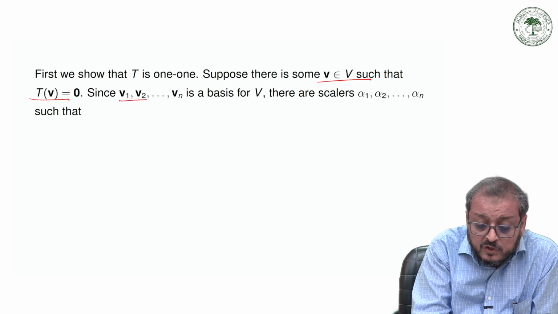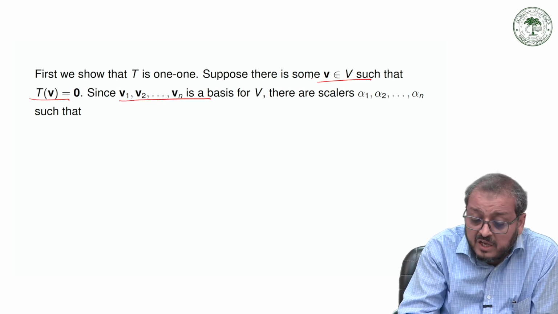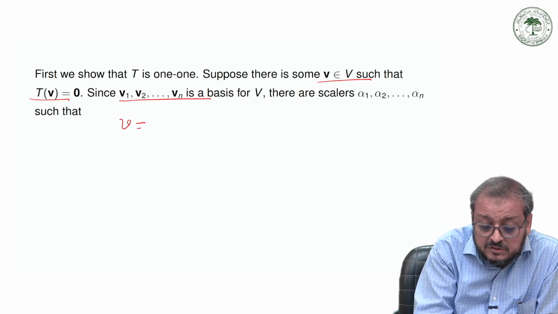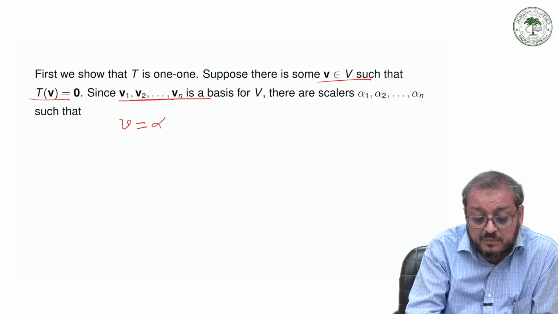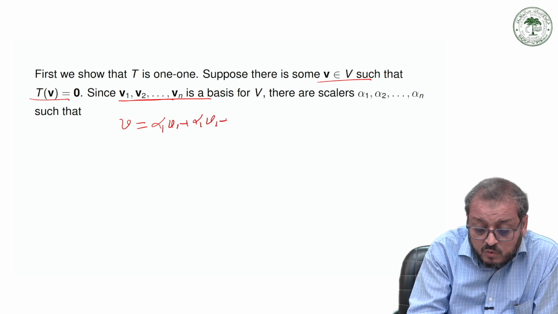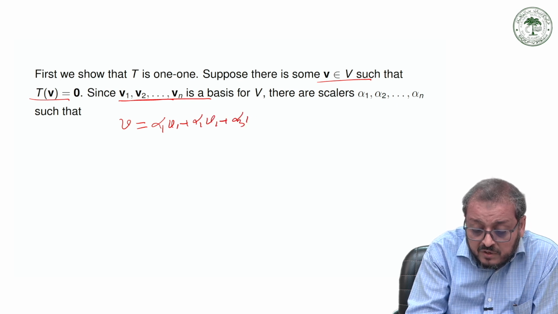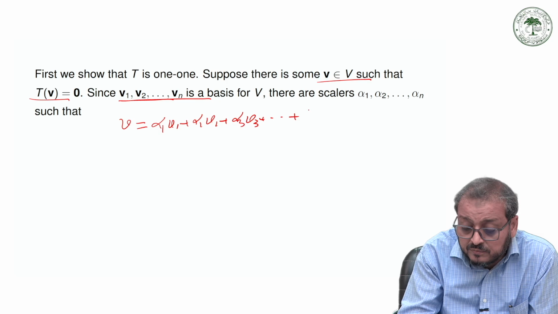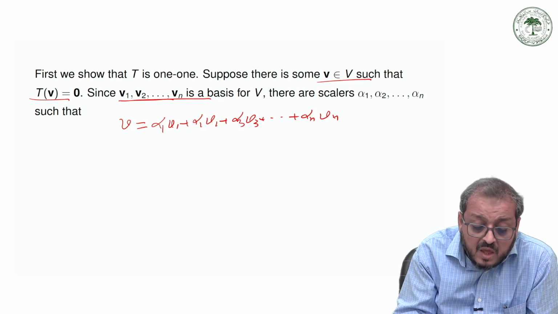Now, because v1, v2, ..., vn is a basis for V, and v is an element of V, v can be written as a finite linear combination of the elements of the basis: alpha 1 v1 plus alpha 2 v2 plus so on, alpha n vn.